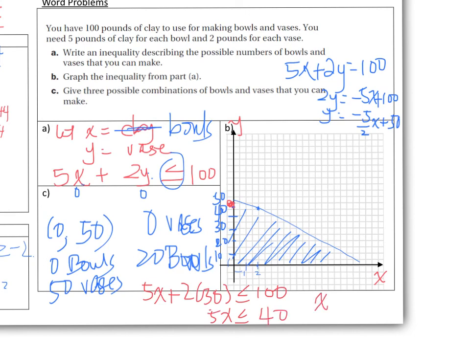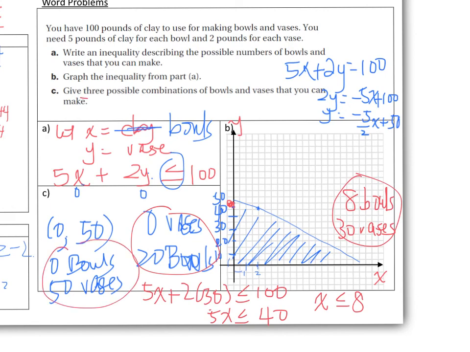So x will be 8 bowls if you make 30 vases. So then we can write this as another combination: 8 bowls, 30 vases. 1, 2, 3. 3 possible combinations.